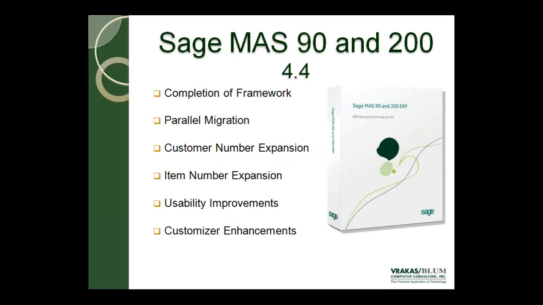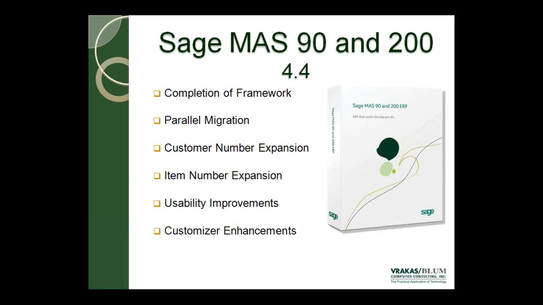What's happening with those modules is they've been completed into what's called the new framework, or the .NET framework. Another key feature is that during the upgrade process, you'll be able to do parallel migrations, and I'll expand on that a little later on in the presentation so you understand what that means to you and how convenient that is.